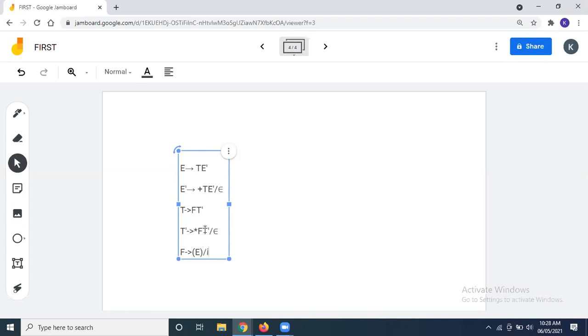Right, so now you have to find first of all these. Here ID is a terminal symbol, right? So tell me what is the first of all these.